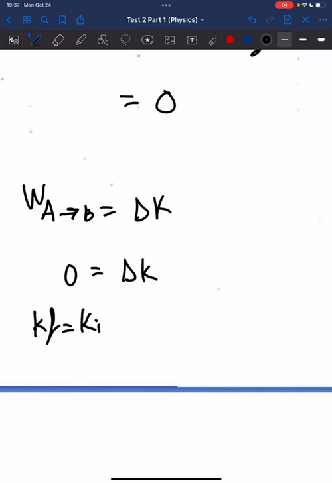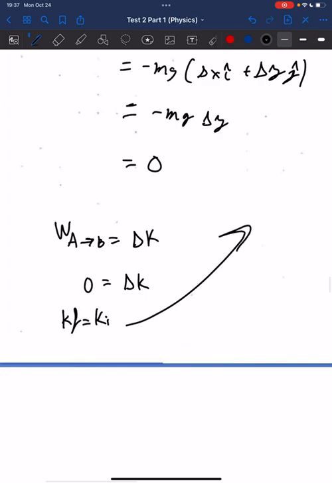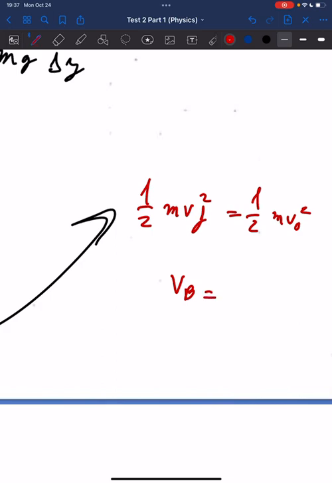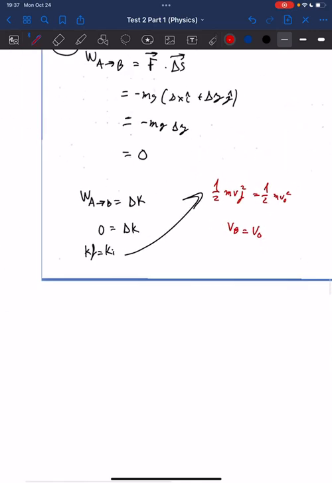So it's 1/2 mv final squared equals 1/2 m of the starting, which will equal the velocity of v initial. As simple as that.